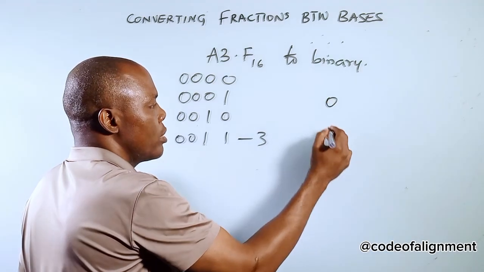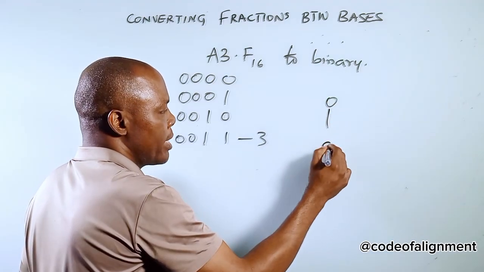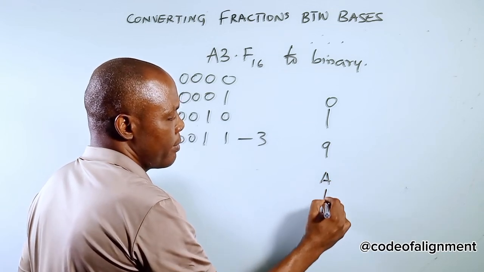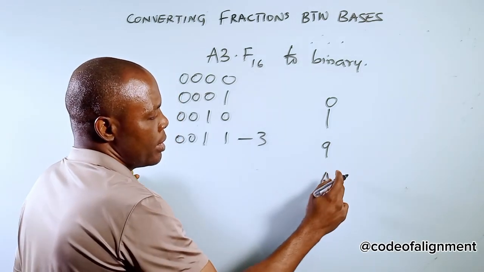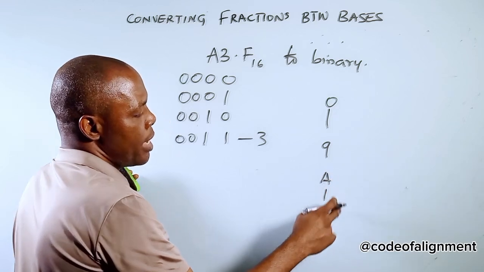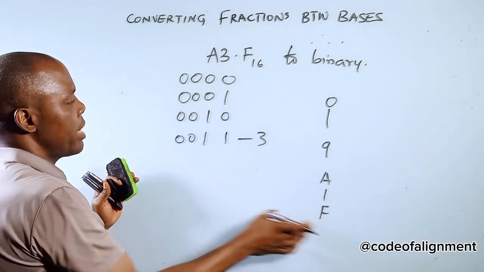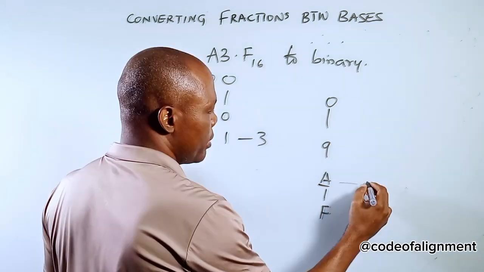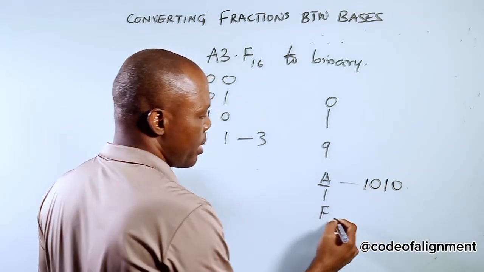Now, hexadecimal is 0 to 9, then A to F: A, B, C, D, E, F. That is what hexadecimal is. So when you get to 9, 10 is A, which is 1010.